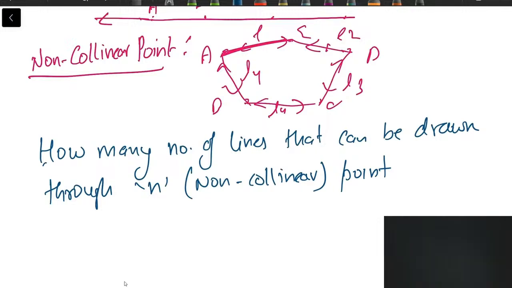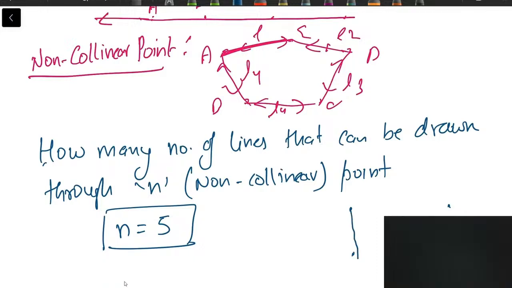So let's take an example. We have n equal to 5, so we have 5 non-collinear points, and we have to find how many lines we can draw from them. So let's take 5 non-collinear points: 1, 2, 3, 4, and this one is 5.